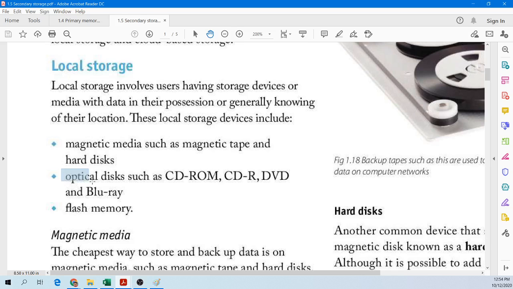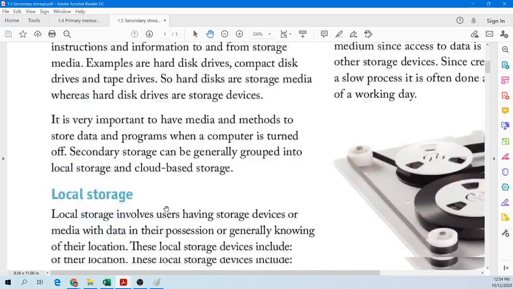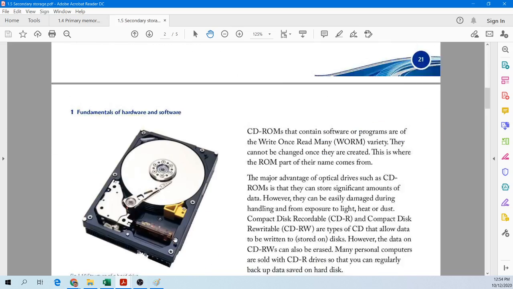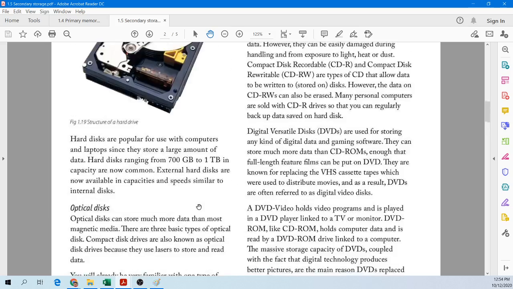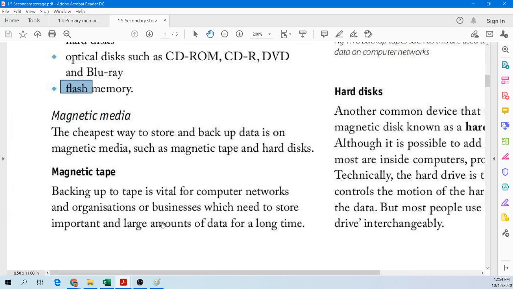The second category is optical disks, and the data is stored optically. And in the last category, we have flash memory, and that data is stored on flash devices. So let's get into a more detailed description of each kind of storage. First we'll be looking at magnetic storage. We'll look at how it stores data and some examples of magnetic media.